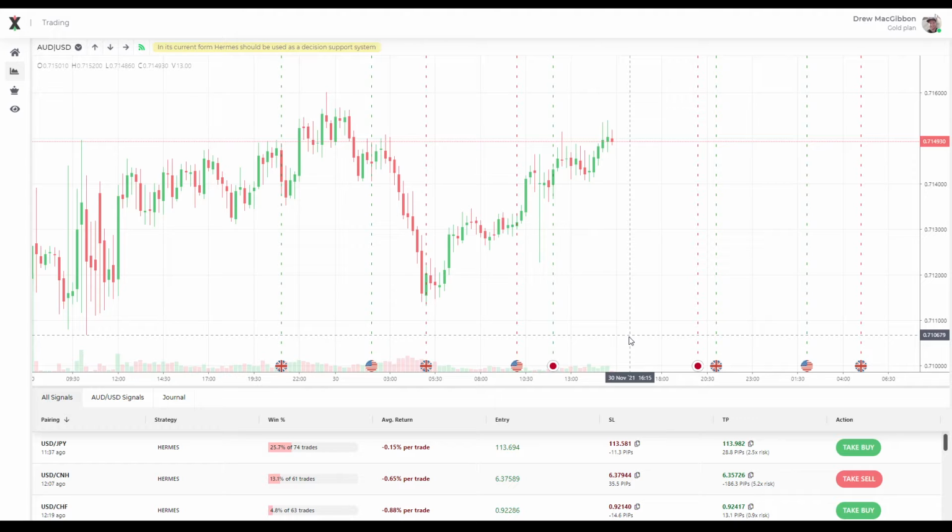We're just focusing on the 3 main sessions, being the London session, the New York session, and the Tokyo session, or the Asian session. I know there are other sessions as well, but those are the main ones, and I didn't want to clutter the chart up too much. We probably will add a button at some stage that will turn this on and off.